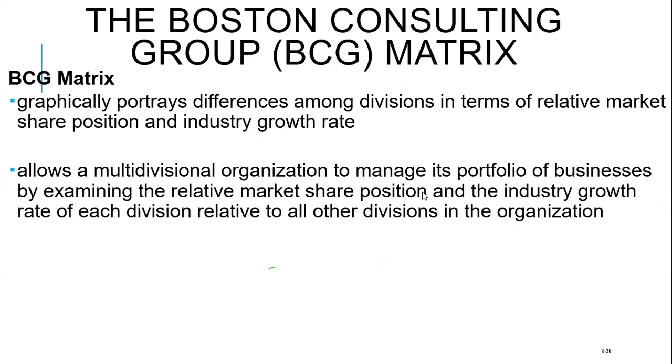Then there's also the BCG matrix, which, as I indicated earlier on, is a proprietary matrix. Proprietary means that it was named after the Boston Consulting Group, a consulting firm for most of the thriving firms in the developed economies.